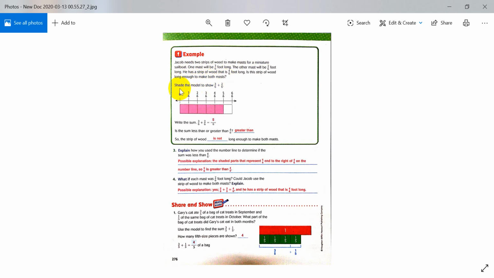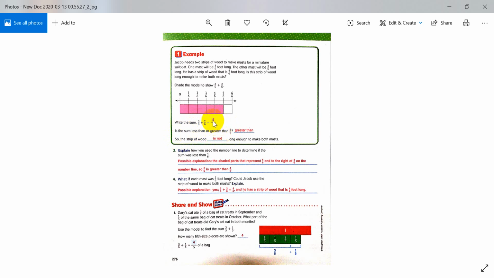Okay. First, we shade the two fractions, 3/6 and 2/6, then add them using a number line like this. First, we shade 3 parts, 1, 2, 3. Then shade another 2 parts, 4, 5. Then 3/6 plus 2/6 equals 5/6. Is the sum less than or greater than 4/6?